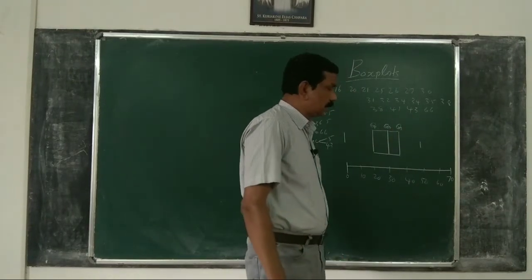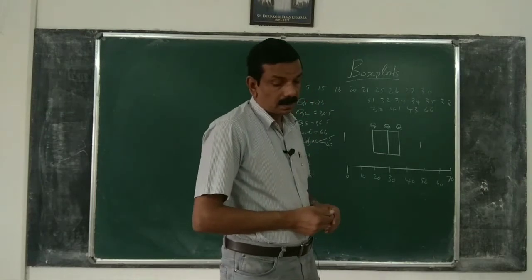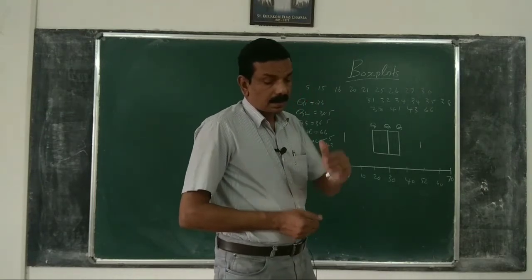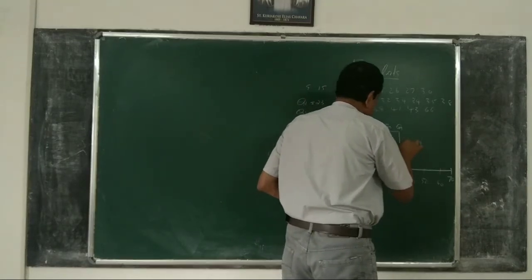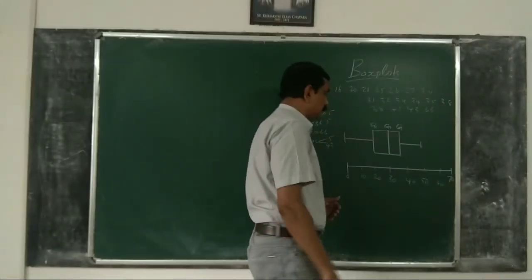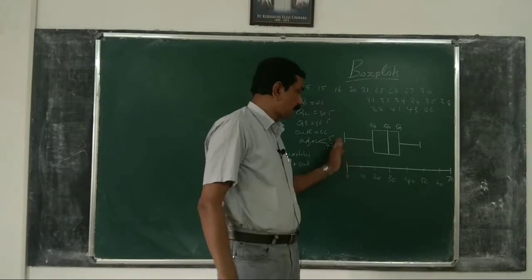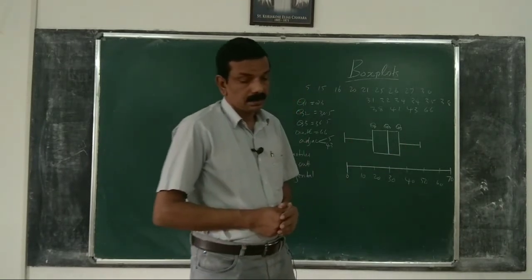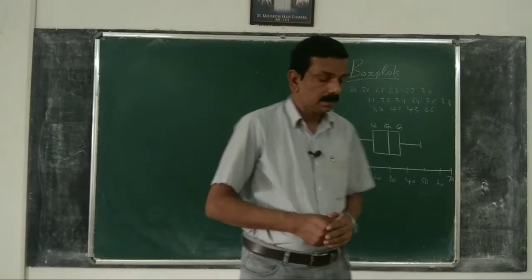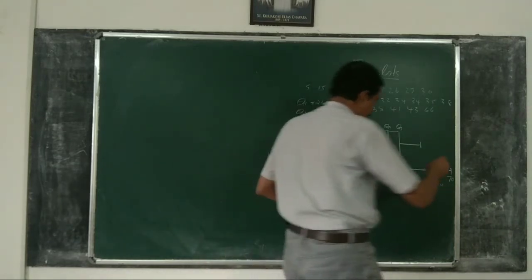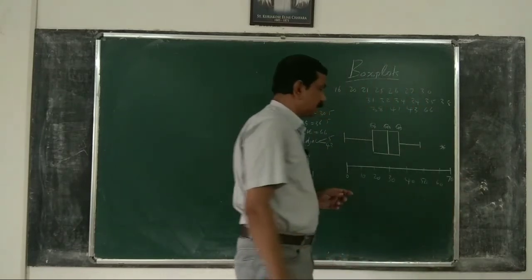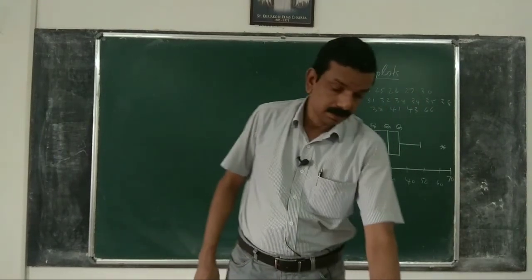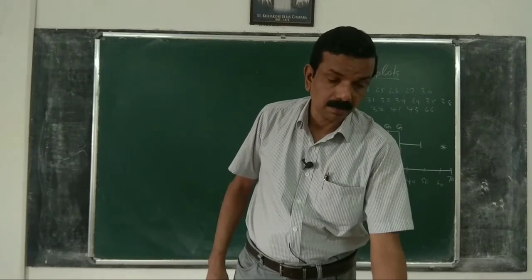And the adjacent values are connected with lines. And plot the outlier, in this case 66, with an asterisk. This is how we construct the box plots.